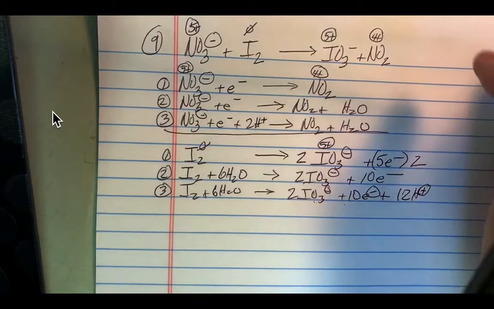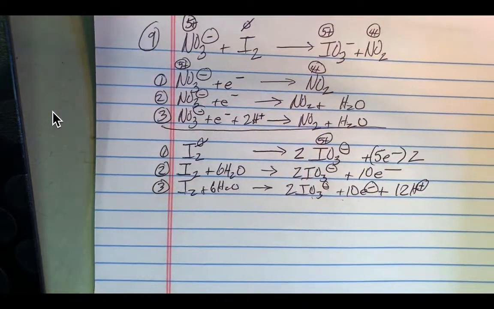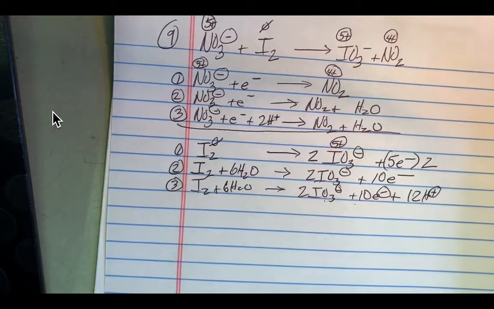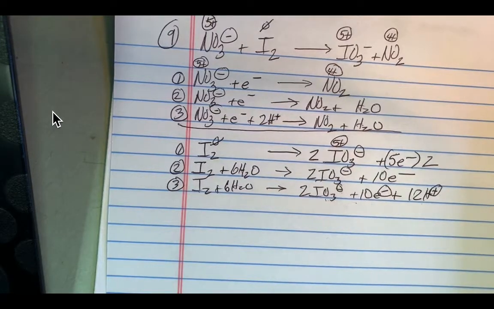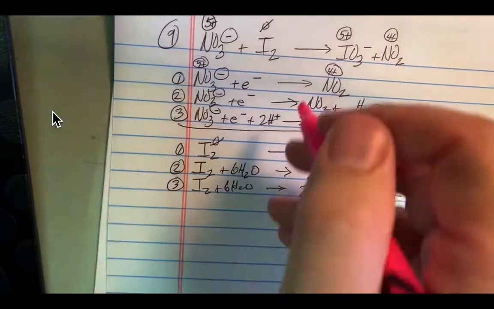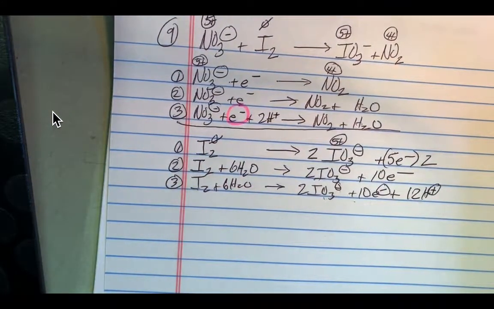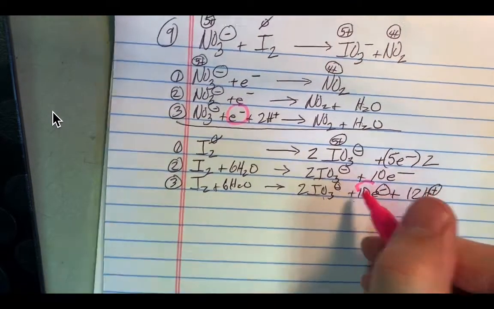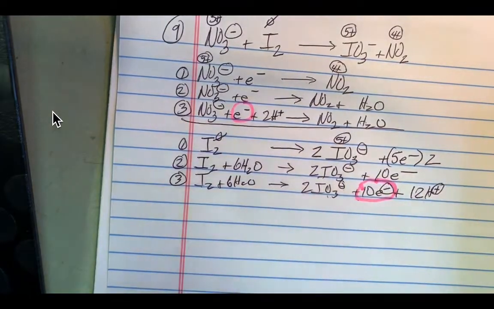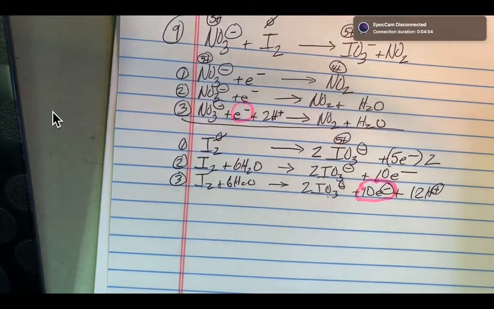Well, we have one little problem we need to solve before we marry these two together to give us the overall reaction and solution. And that has to do with the fact that this top reaction up here consumes 1 electron, while this one down here produces 10 electrons.